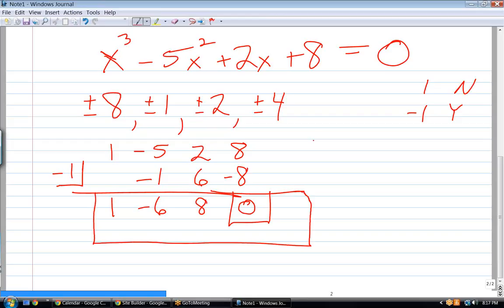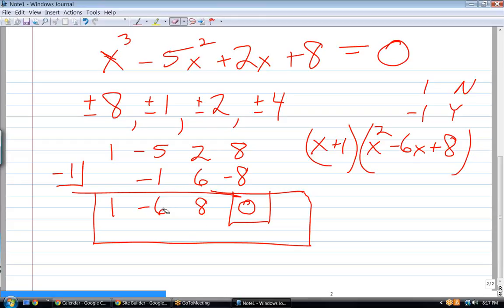In other words, one of my factors is x plus 1, and my other is this quadratic, x squared minus 6x plus 8. And let's see, is this imaginary? I think it is. 6 squared is 36 minus 4 times 8 is 32. No, that's going to be real, but irrational.